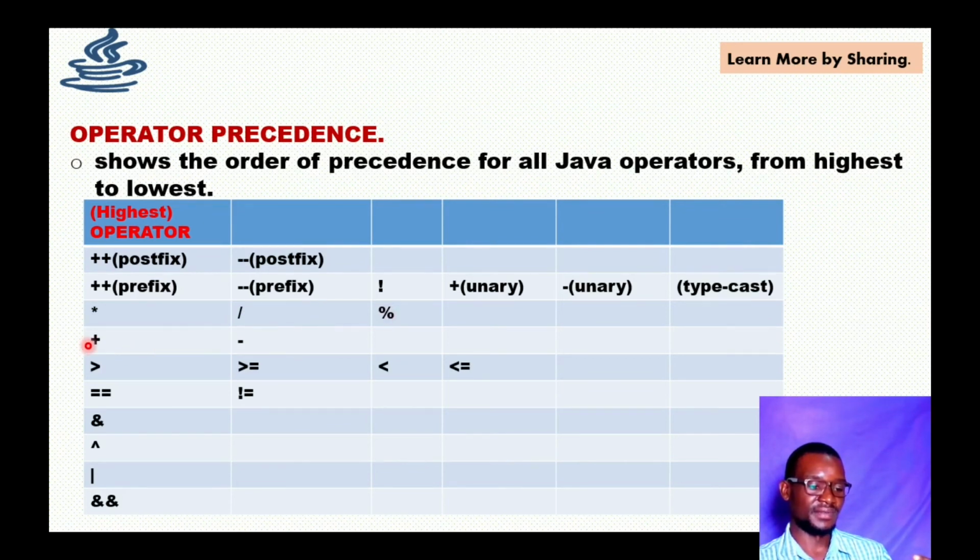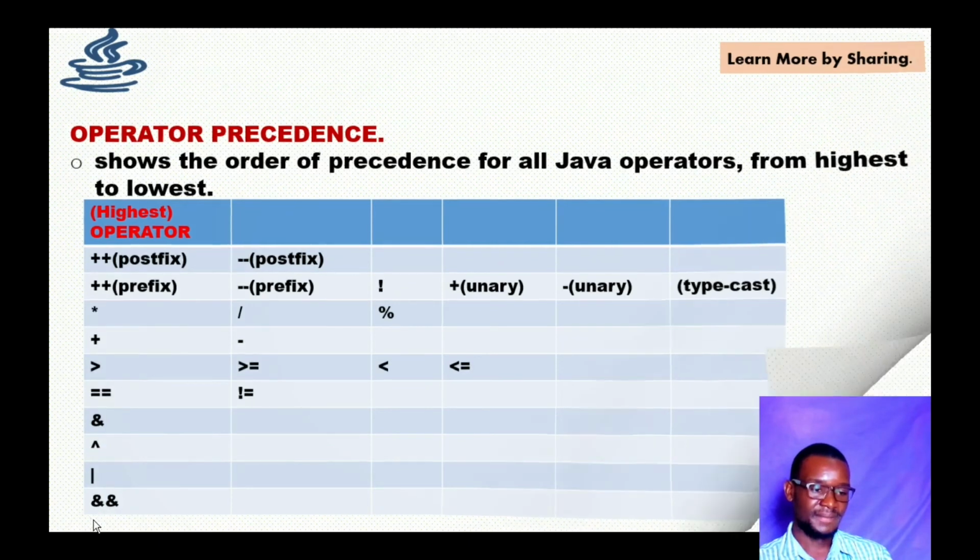And then the fourth is plus and minus. And then the fifth is greater than or equal to, less than or equal to. These are at the same level. And then equal to comes at the sixth level, and not equal to. And then the exclusive or, and then the conditional and.